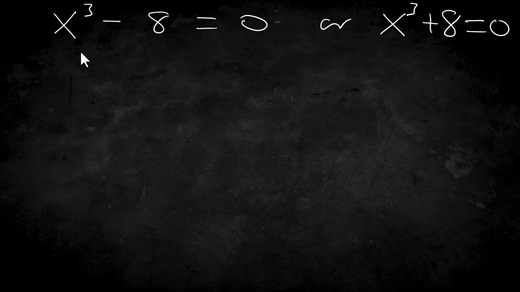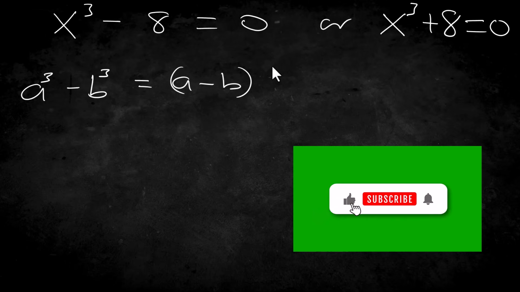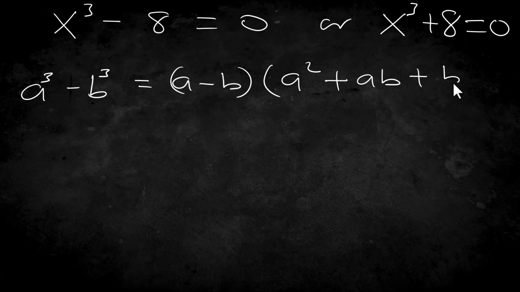So let's start with this. Now this one is a typical difference of cubes, okay? Now when you're given a cubed minus b cubed, it is the same as (a minus b)(a squared plus the product of a and b plus b squared).